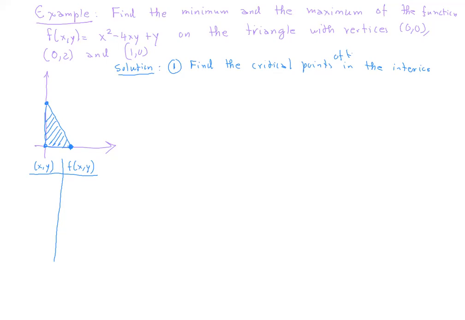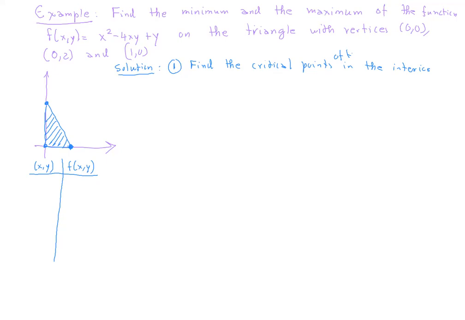If it is on the boundary, nobody guarantees that the gradient of the function has to be 0 at that point, and it's not going to be detected this way. But if it is in the interior, then the gradient will be 0.